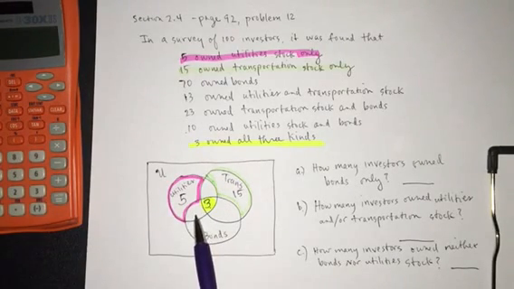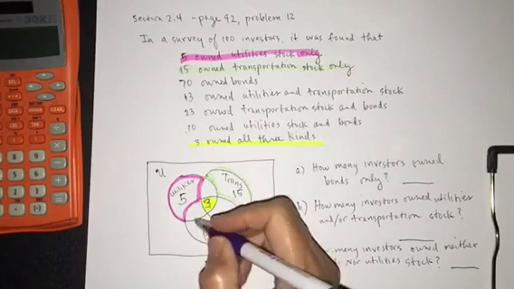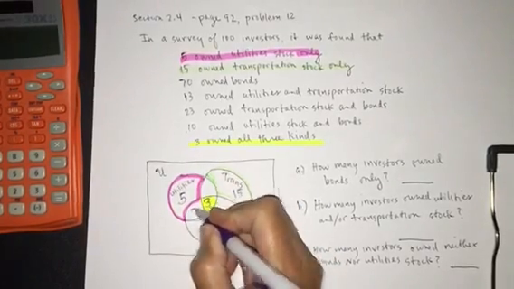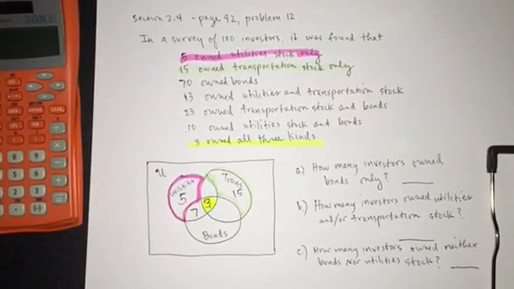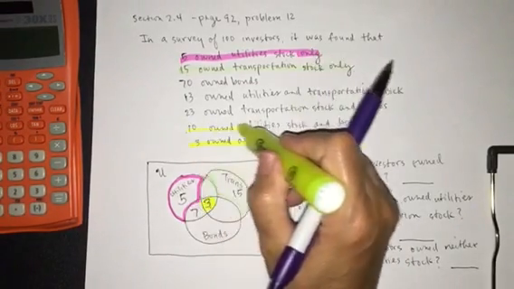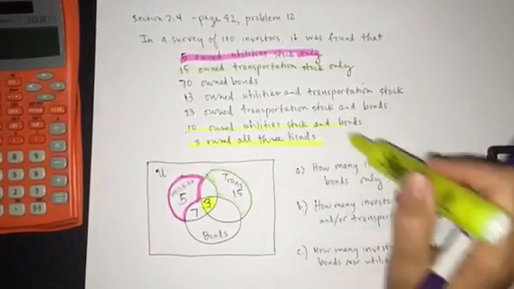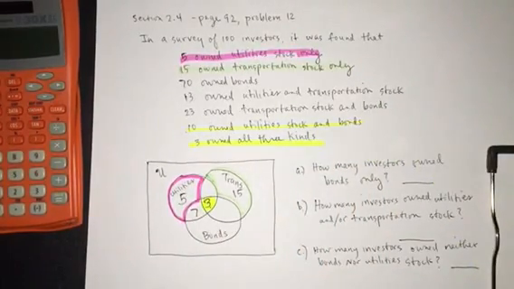For the part that's just utilities and bonds, I will need to subtract. 10 minus 3 gives me 7. 7 people owned utilities and bonds, but not transportation stock. So we have that one. I'm going to highlight them as I take care of each line in figuring this problem.